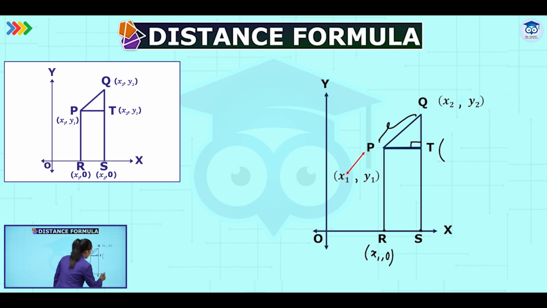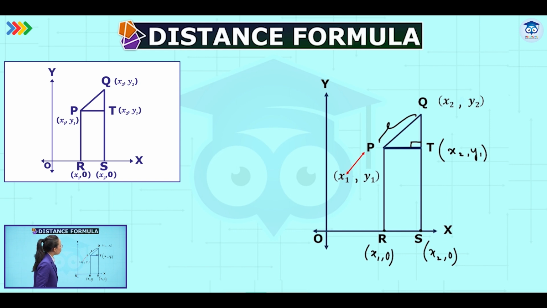Similarly, this point is nothing but x2, 0, because this is on the x-axis, right? So we have here x1, 0 and x2, 0. So now when we look at this, we have this much distance, right? And this point is x2, y1, right?